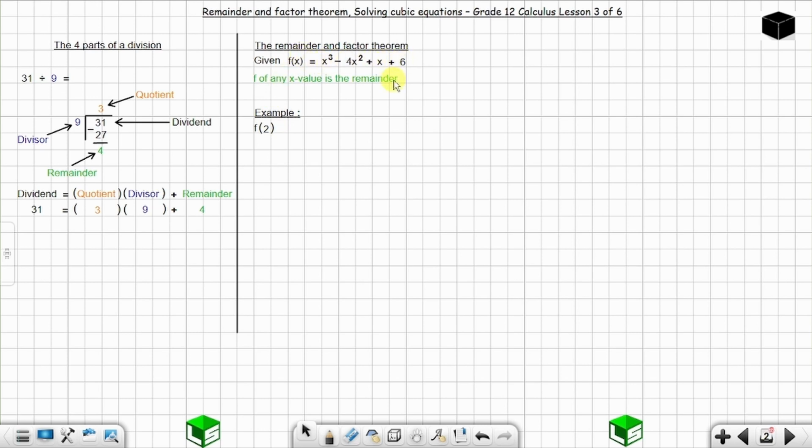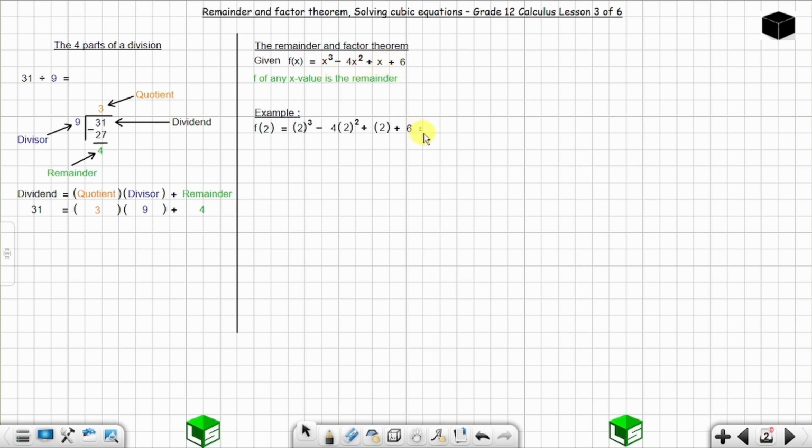This is going to make sense as we move. So f of 2 is equal to 2 to the power of 3 minus 4 times 2 to the power of 2 plus 2 plus 6.